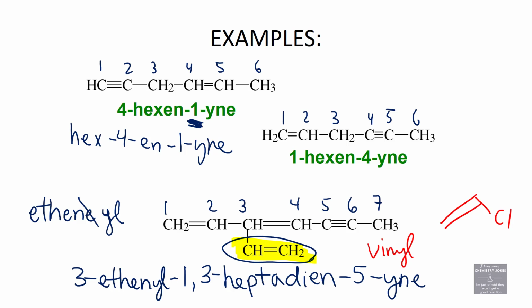So the same thing that's vinyl flooring also is PVC piping for your plumbing pipes. Also, IV bags are made out of polyvinyl chloride. It's a polymer that has a lot of industrial uses. So vinyl is the common name, and especially vinyl chloride and other similar things, vinyl is still very prevalent in a lot of industrial terminology, but IUPAC would say name it this way as an ethenyl.